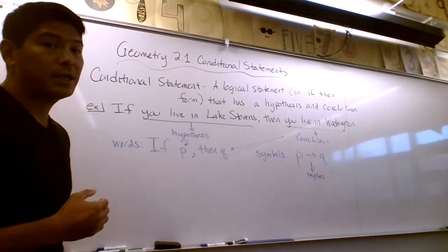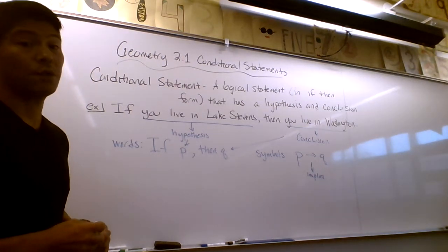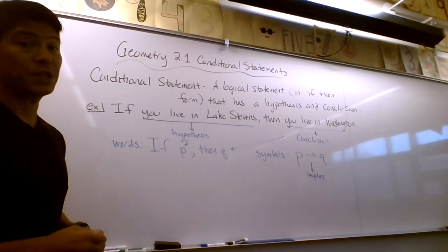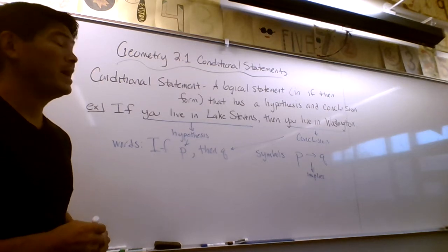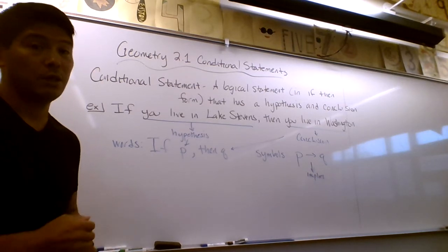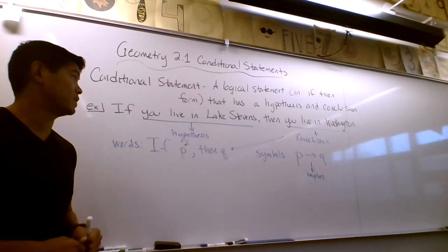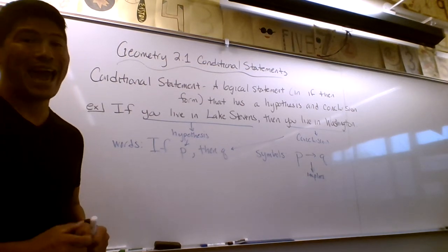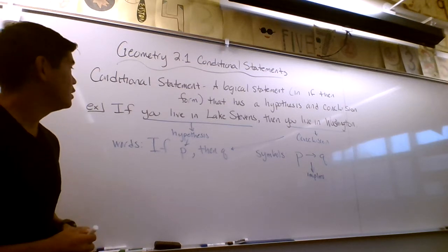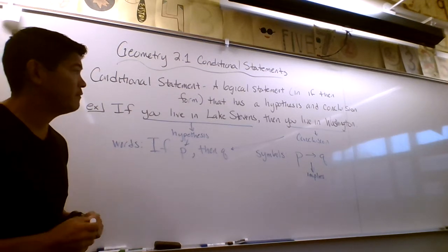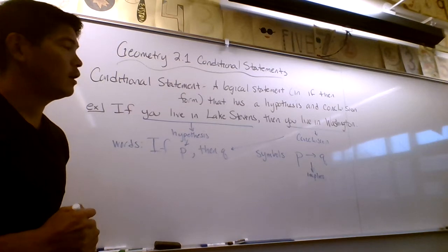And for any conditional statement, you could determine what's called the truth value. If a conditional statement is true, it has to be true for every single situation. If it's false, if you can think of just one specific example where it's false, that's called a counterexample. So if you live in Lake Stevens, then you live in Washington.